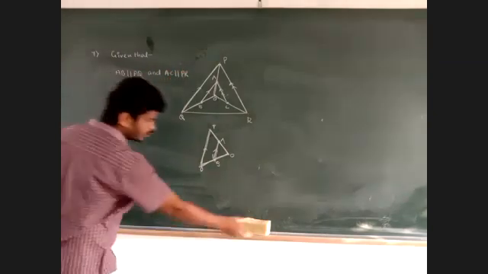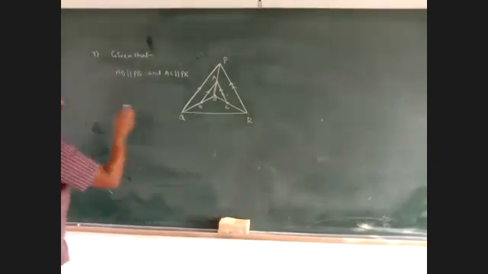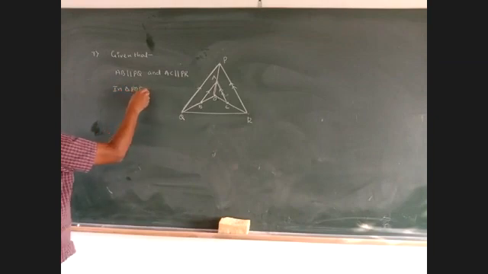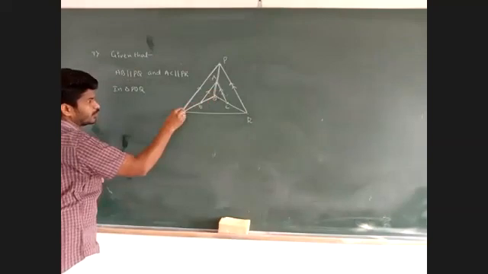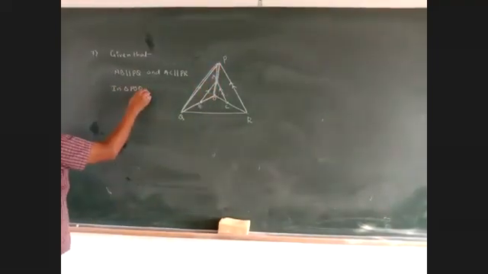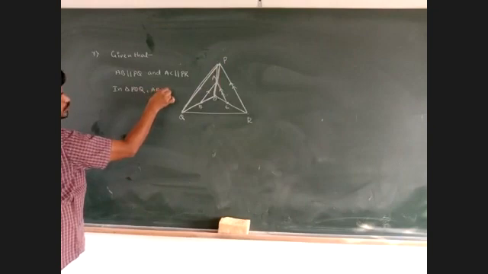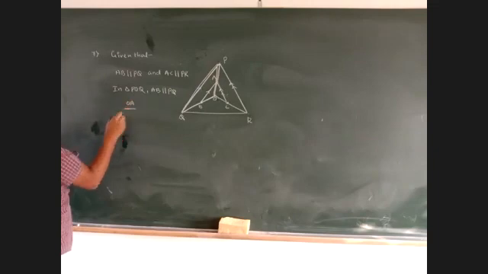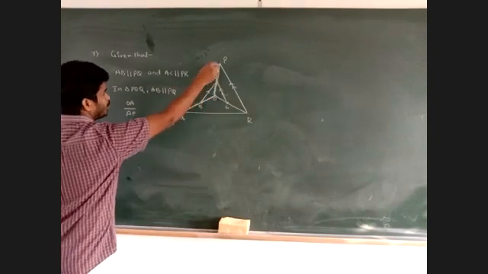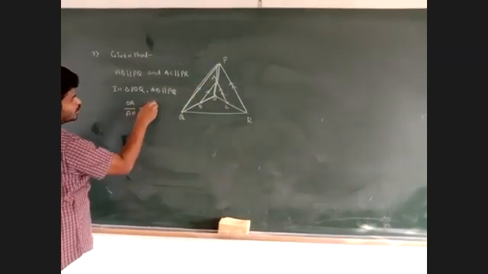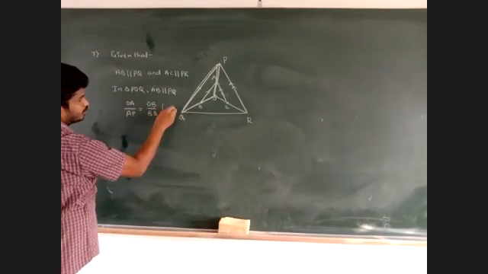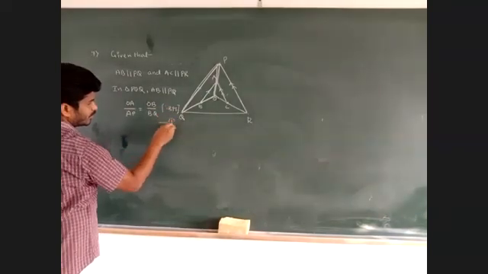Then, in this triangle POQ, AB is parallel to PQ, so apply the basic proportionality theorem: OA by AP equals OB by BQ, since basic proportionality theorem. This is equation number 1.